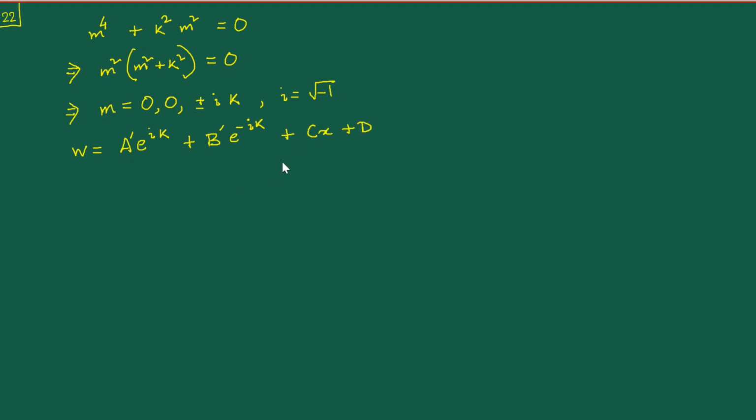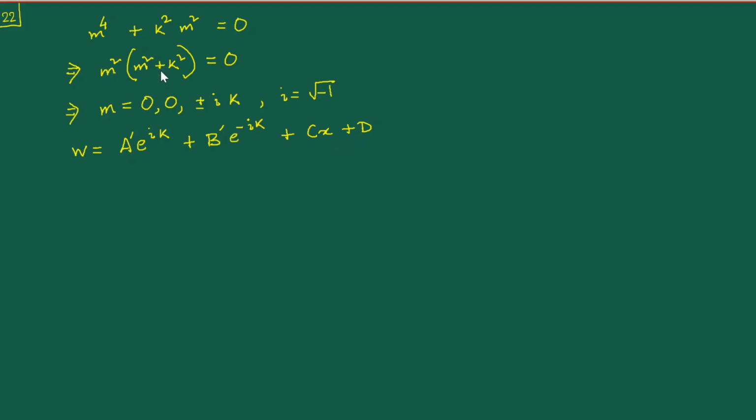First of all, for this repeated root 0, 0, I have to write this as cx plus d. If you're not sure what has gone on there, you need to revise your first year engineering mathematics.